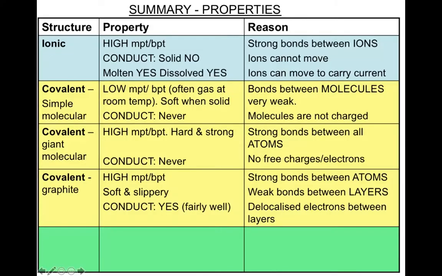In terms of their physical properties, our simple molecular substances will have a low melting and boiling point and will be pretty soft when they're solid, because the bonds between the molecules are very, very weak. There's only that weak intermolecular force that we have to overcome. So it needs very little energy, and they never conduct electricity because there are no charges on the molecules. They're unable to conduct the electricity. So hopefully we are good with simple molecular substances.